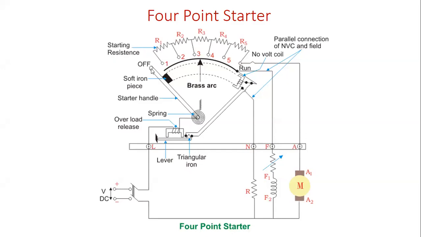Automatically is the important part. Without any manual work, it just moves from the run position to the off position as soon as the no voltage relay coil gets demagnetized. And then the motor will be protected from the overload condition, right? So this is the working of the 4-point starter, right?